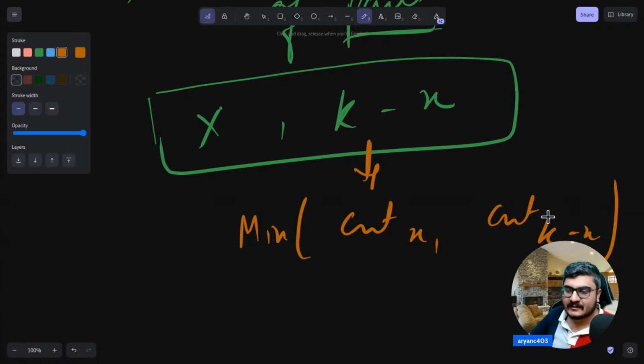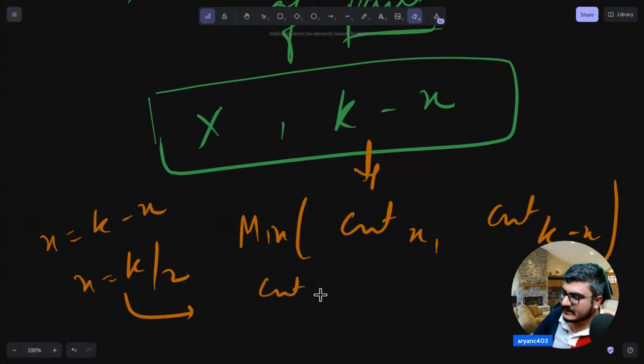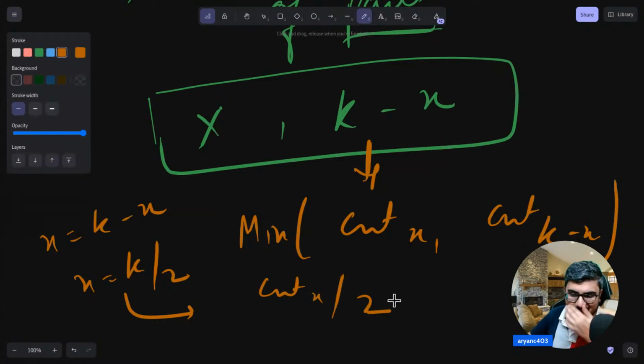There is only one edge case: when x equals k minus x, basically x equals k by 2. In this case you can only form count of x by 2 pairs, because the same number would be used twice to get one pair.